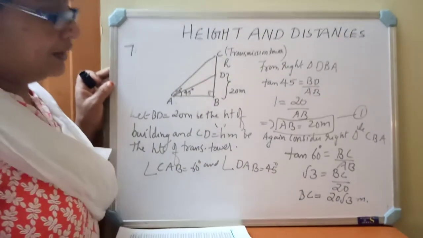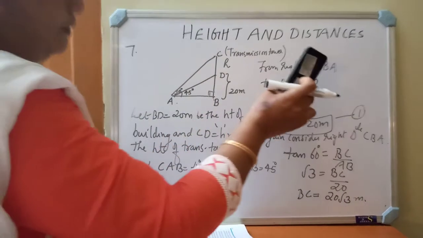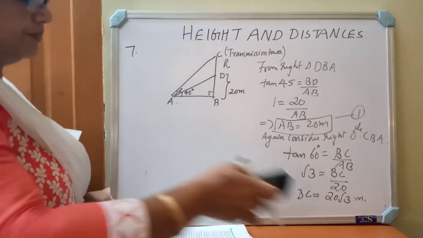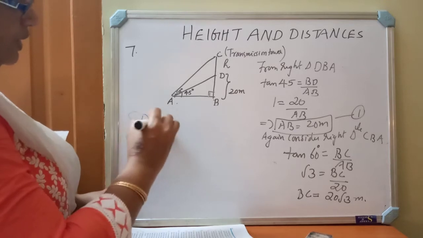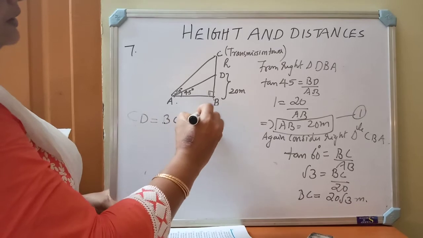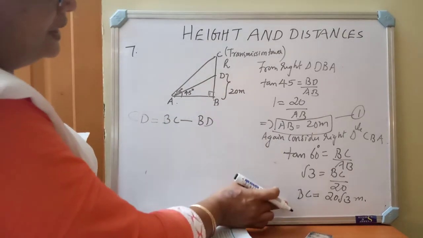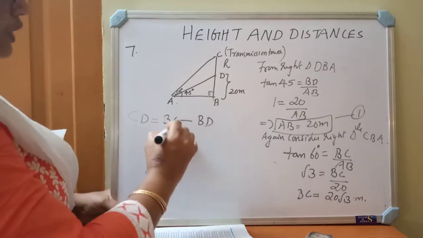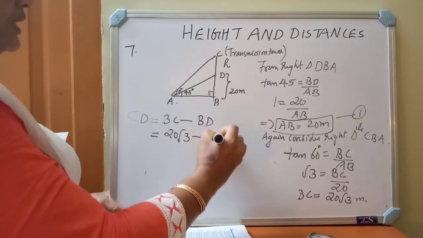So write CD equal to BC minus BD. We got the value of BC as 20 root 3, minus BD, which is already given in the question data, 20.